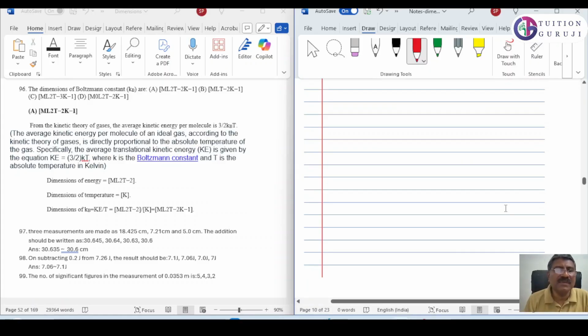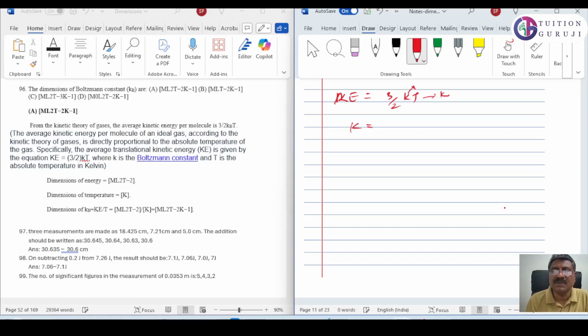Next is the dimensions of Boltzmann's constant. From the kinetic theory of gases, the average kinetic energy is given by 3 by 2 kT, where T is the absolute temperature in Kelvin and k is the Boltzmann's constant.